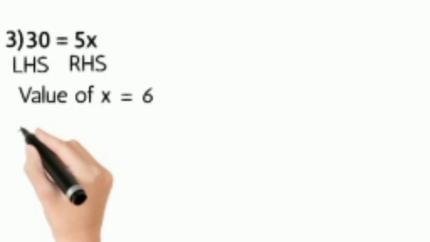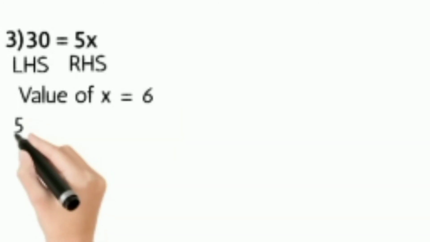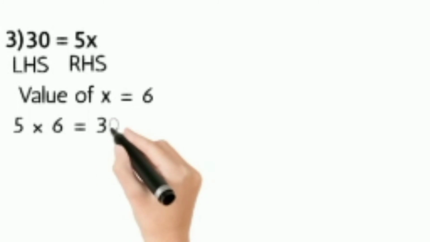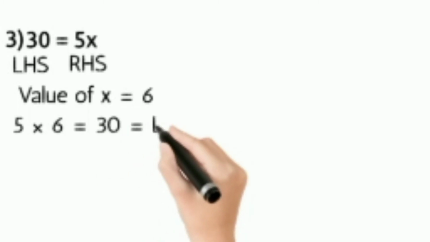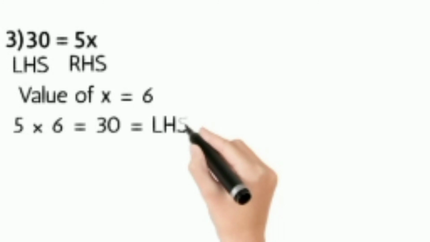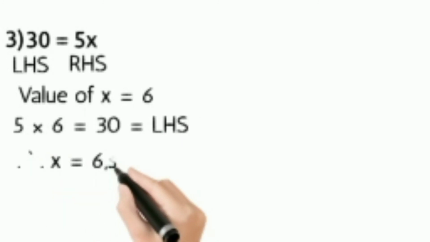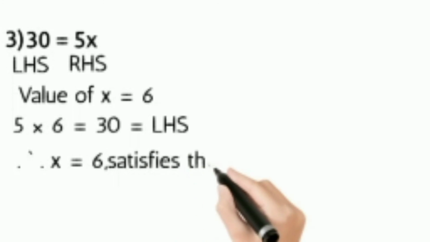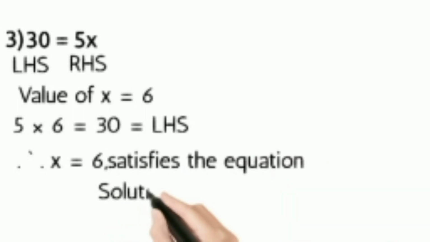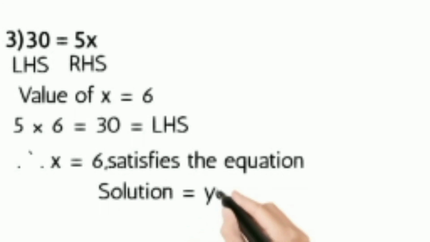Substituting the value of x here, we get 5 multiplied by 6 is 30, which is equal to the left hand side 30. So both are equal. That means x equal to 6 satisfies the equation. So we can say that x is equal to 6 is the solution to the equation. So we'll write yes in the column provided.